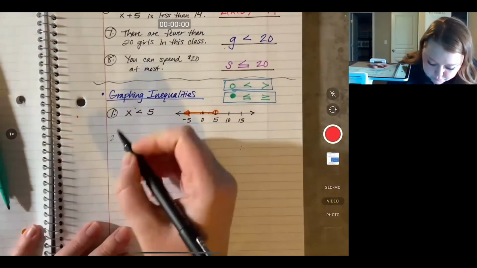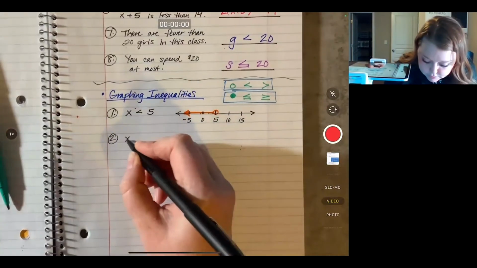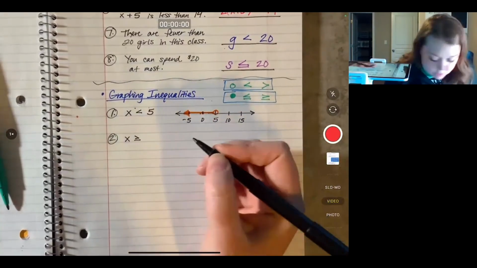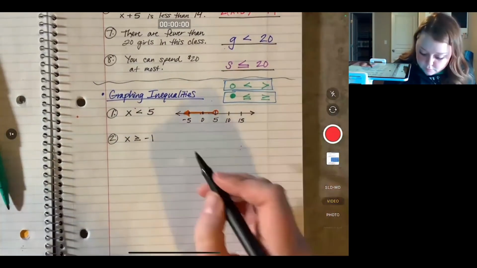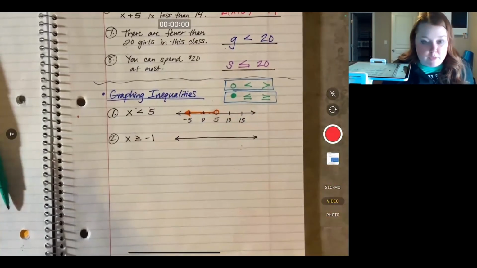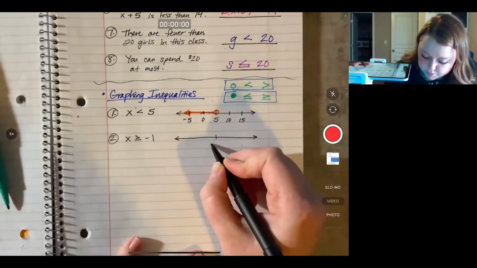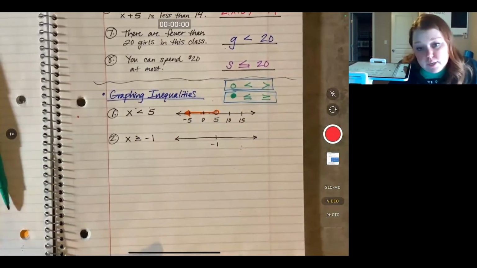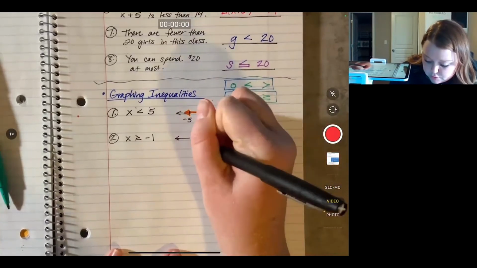Here's number 2. Number 2, x is greater than or equal to negative 1. Okay, so I'm going to start with negative 1. I'm going to put that in the middle. You don't have to, but that's what I do. Give me 2 values to the right, 2 values to the left.